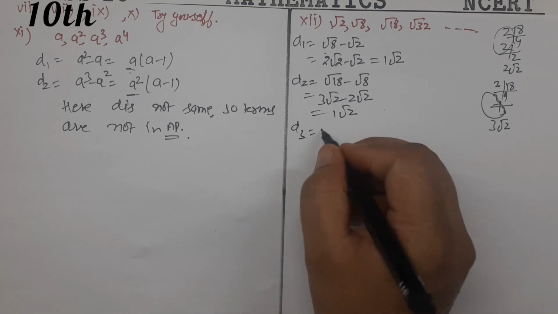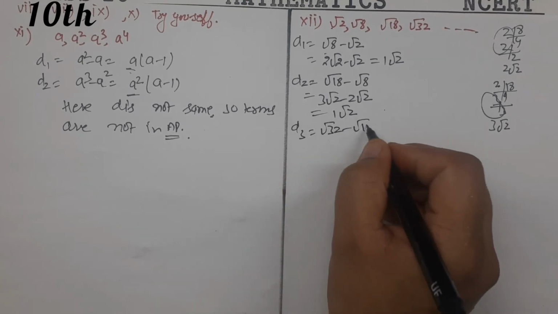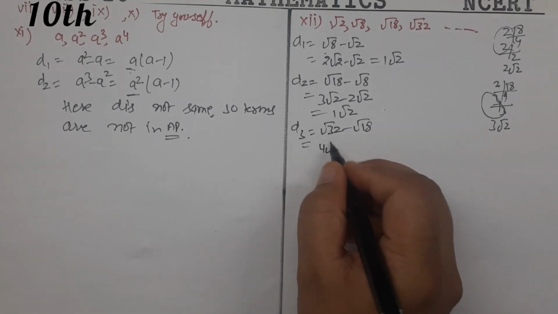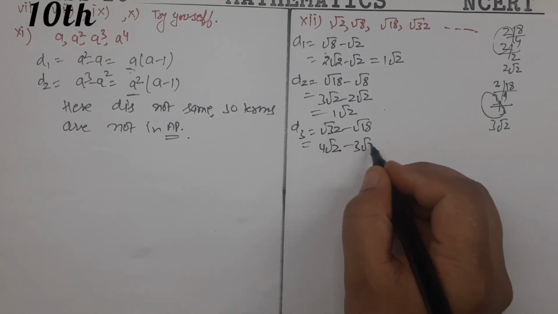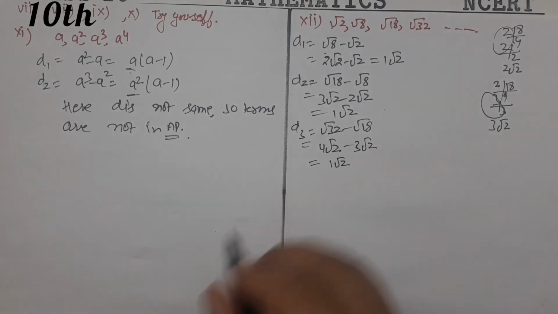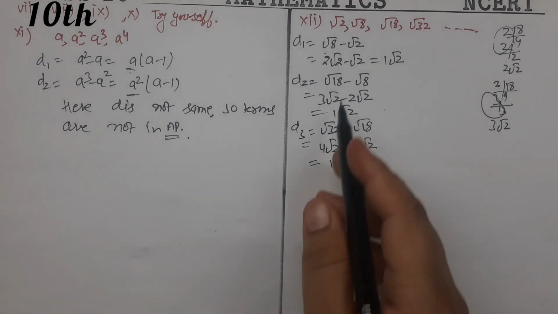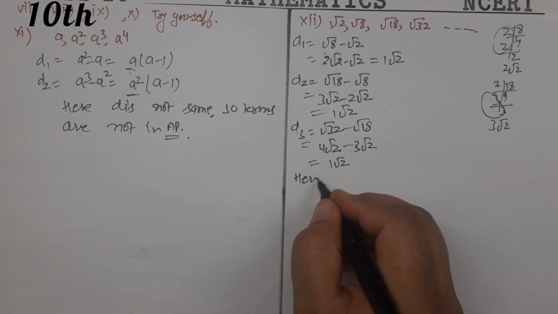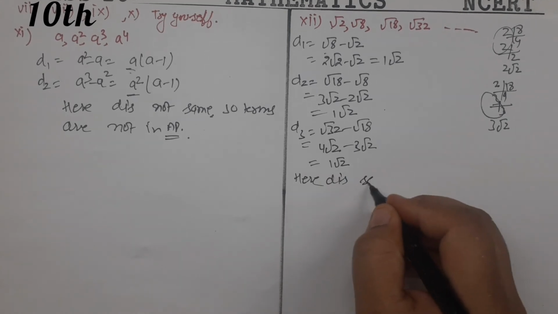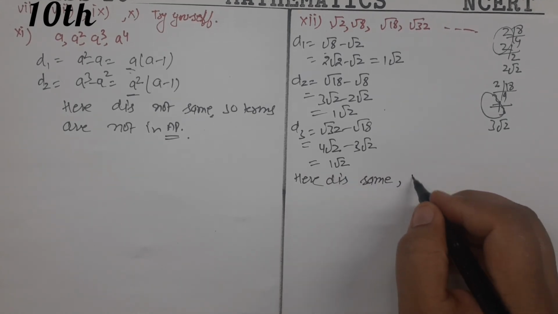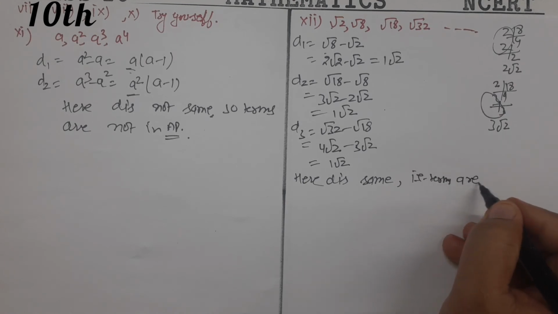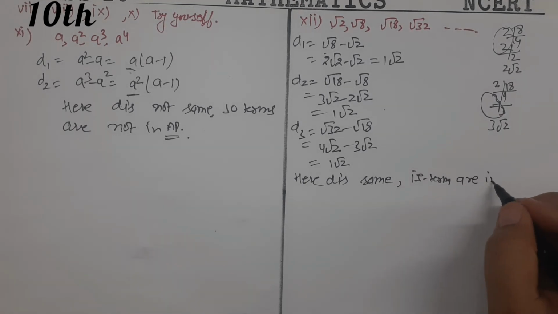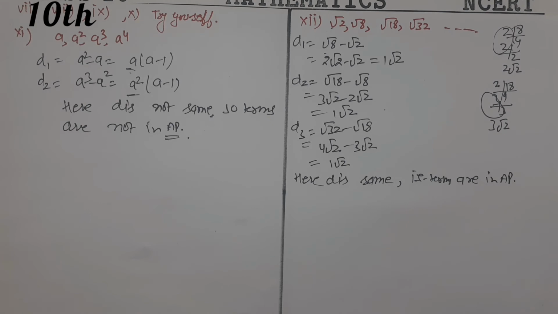Next d3 = root 32 minus root 18. We can write it as 4 root 2 minus 3 root 2 makes 1 root 2. Here d is the same. That is why the terms are in AP.